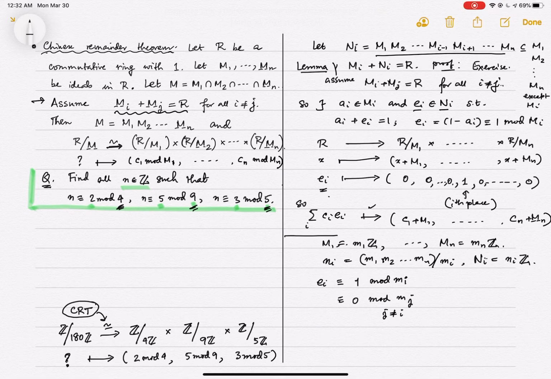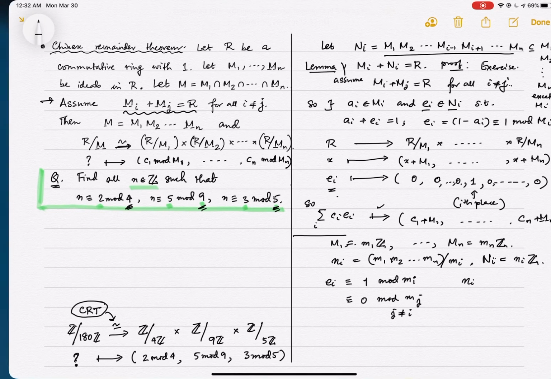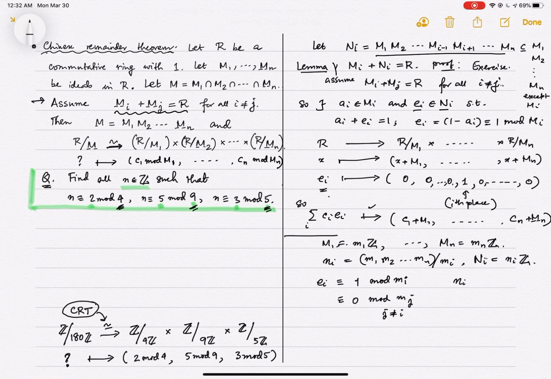Okay, so note that this n_i fellow is already 0 mod all the m_j's because it's a product of all the other m_j's, you see. So n_i fits this bill.